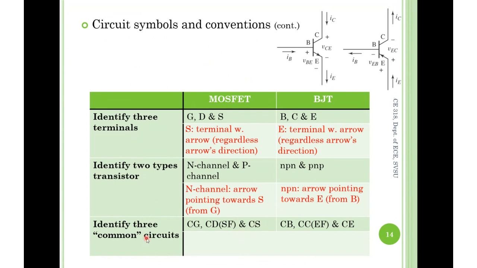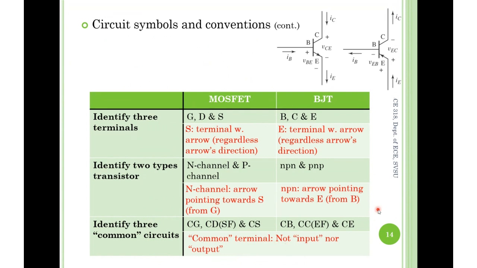The third one, identify the 3 common circuits. This is now very easy, and uniform between the 2 transistors. It doesn't matter which type of transistor. We identify the input terminal. It might be G, D, or S; it might be B, C, or E. It doesn't matter which transistor. And then identify the output terminal. It might be 1 out of the 6 again.